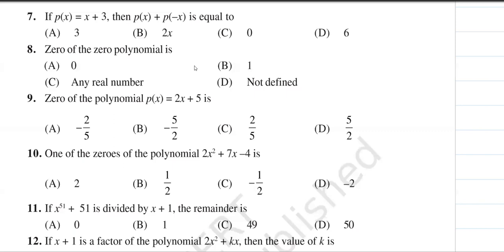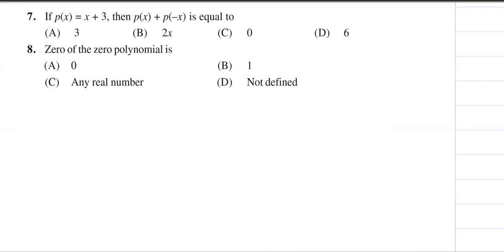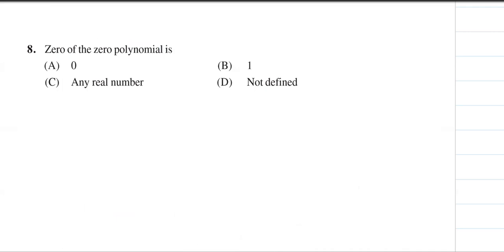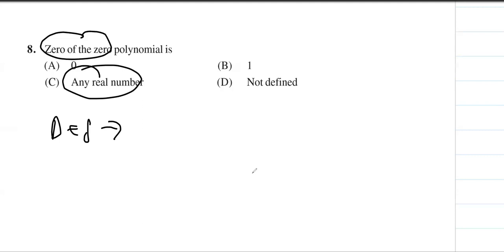Now, this is question number 8. In question number 8, it says the zero of a zero polynomial. I told you that the degree of a zero polynomial is not defined, but the zero of a zero polynomial can be any real number.